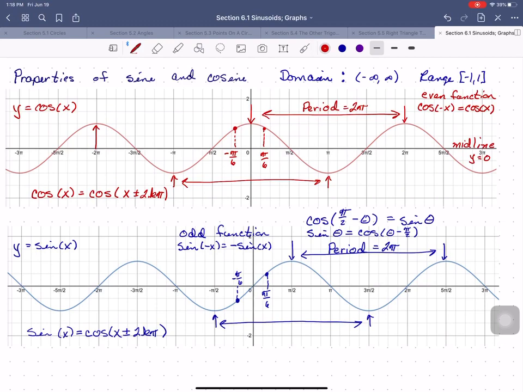So we want to write the equation of a line whenever we're talking about the midline. The distance from the midline to a peak or from the midline to a valley is called the amplitude. And for both natural sine and natural cosine, the amplitude is 1.